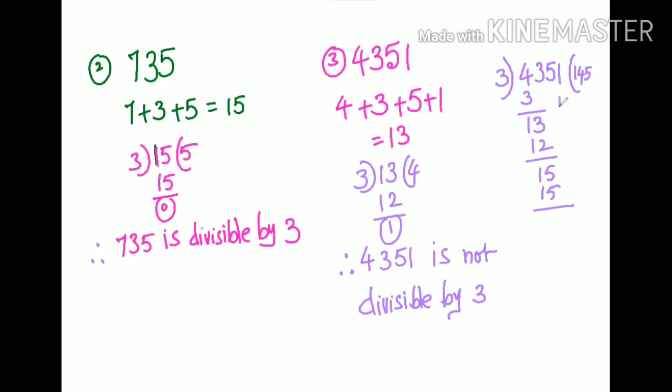Here, bring down 1. So 3, 0 will be there. So here remainder 1. So 3 does not divide 4351. Here also same result we got. In this way we can verify whether the given number is divisible by 3 or not.